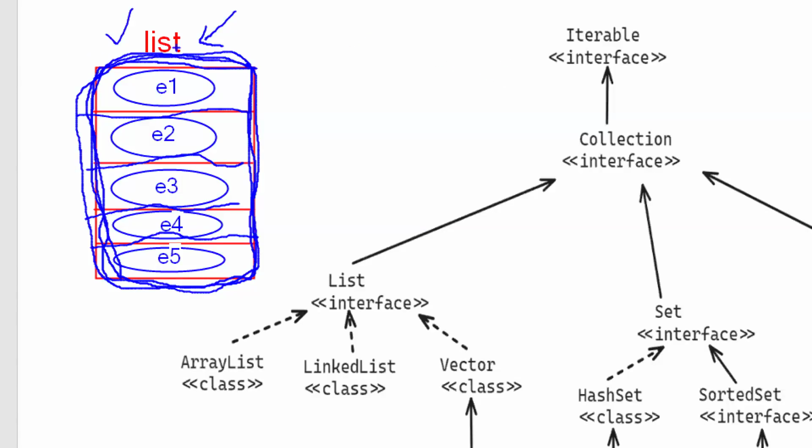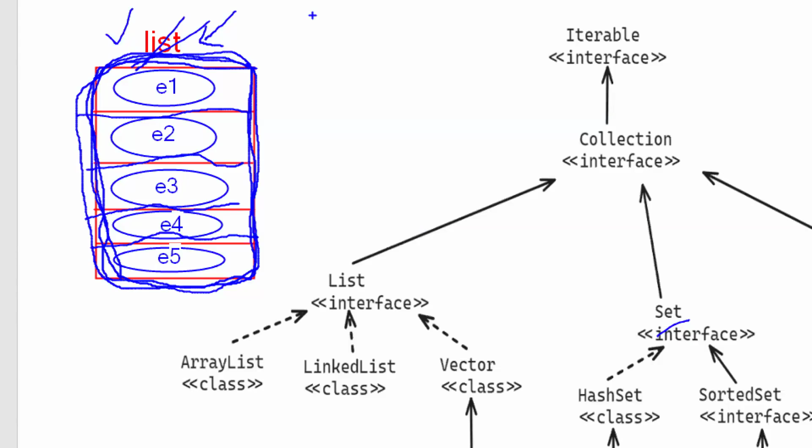Here the collection object I take, for example, is a list object. It could be another object, such as a set object or a queue object. Based on our requirement, we choose one of them: either a list object to store the elements, or a set object, or a queue object.